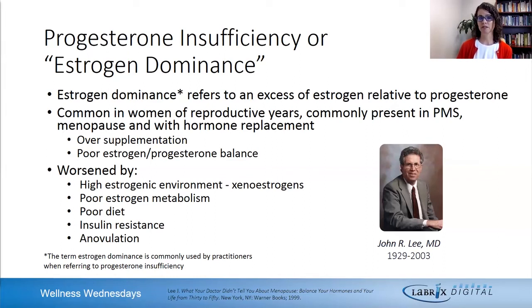He also found that estrogen dominance was worsened by just poor estrogen metabolism as a result of gut health not being maximized and poor diets contributing to that. He also found that insulin resistance played a role in worsening estrogen dominance and anovulation.